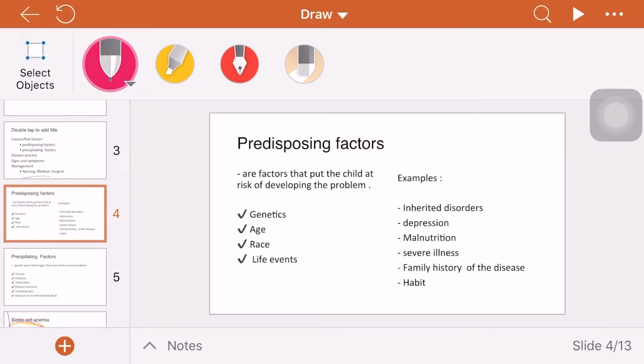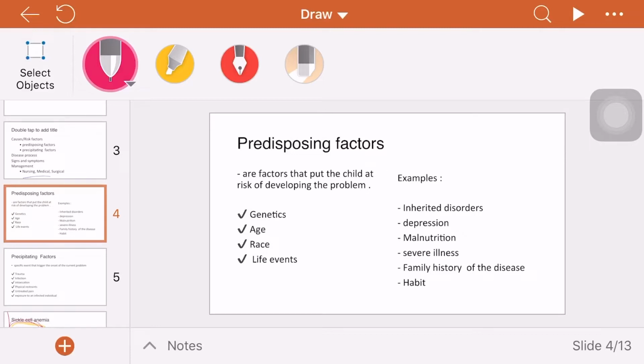So, race. Kanang dili na nato maiwasan. It's very common to like Hispanic, Black, or Americans. And life events, for example, ato mga habits. For example, you're a smoker. If you're a smoker, you have a higher chance of getting COPD or chronic obstructive pulmonary disease.